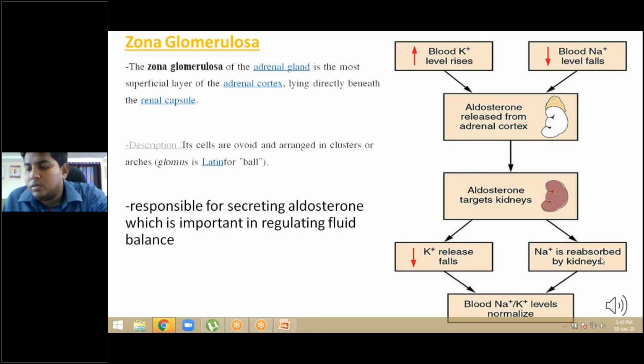So sodium is reabsorbed by the kidneys and potassium is excreted, and the ratio of sodium and potassium levels normalizes. You already know the sodium potassium ATPase, and many functions depend upon this ratio of sodium and potassium levels.